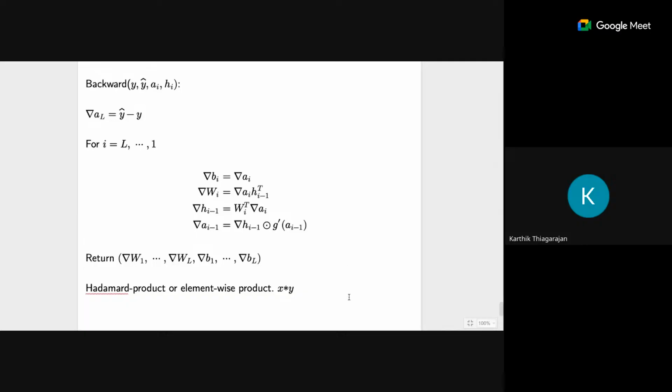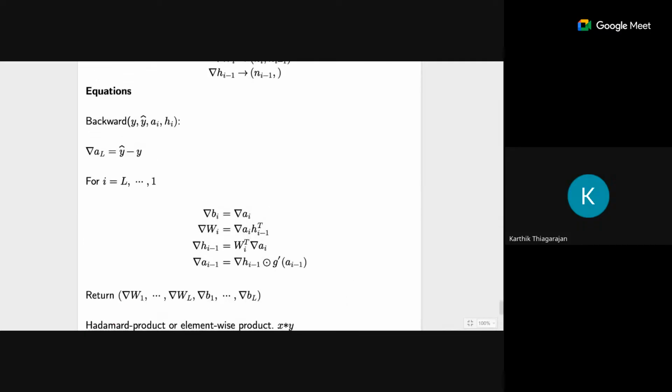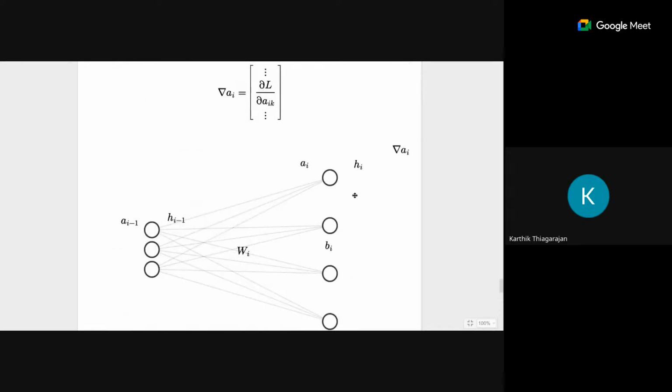The reason it's called back propagation is because you start with grad A_i here, and this nice algorithm allows you to end up with grad A_(i-1). So in a sense, you have back propagated the gradients. This is the entirety of back prop.